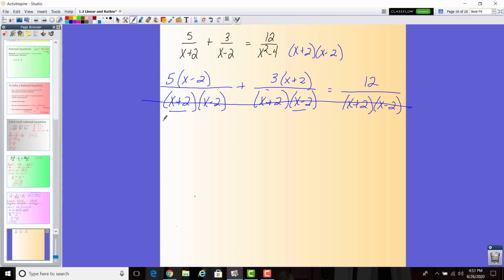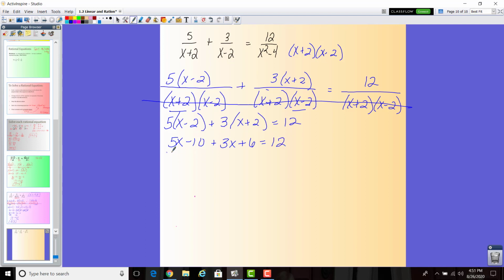Cross out my denominator, and I'm left with 5 times x minus 2 plus 3 times x plus 2 equals 12. That's my dog again. Solve the linear equation. I'm left with 5x minus 10 plus 3x plus 6. Look at that. I got that right on the first try.